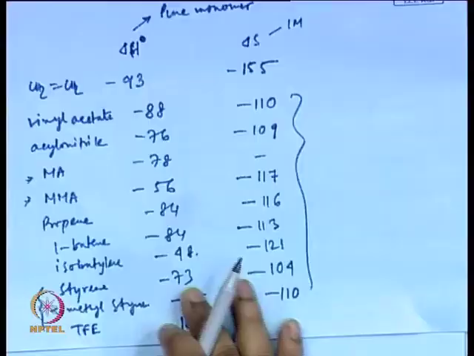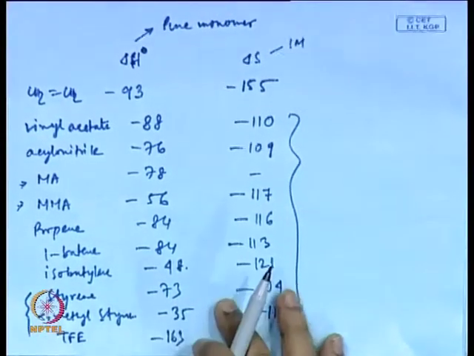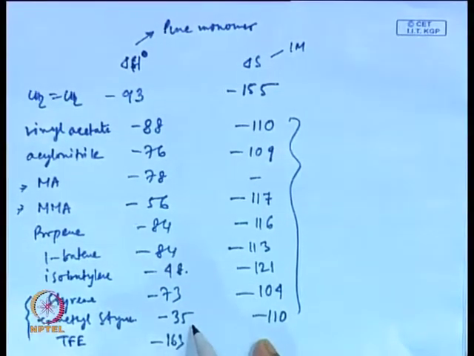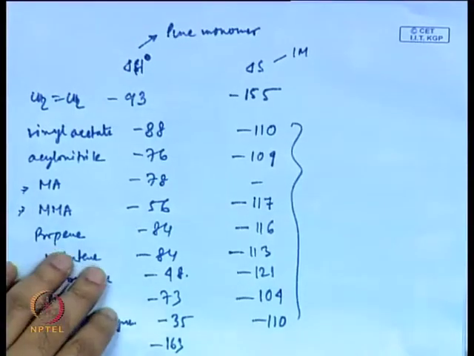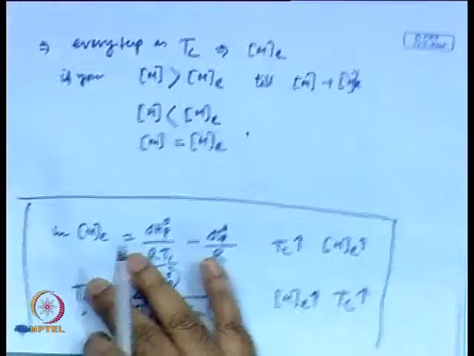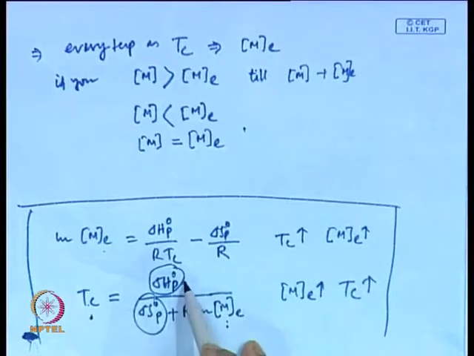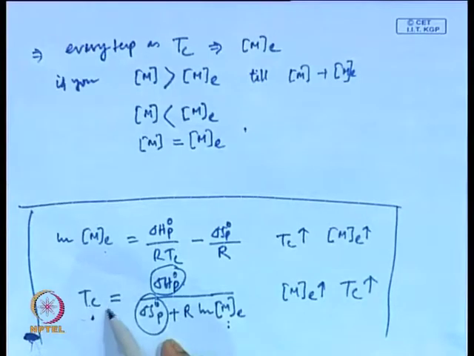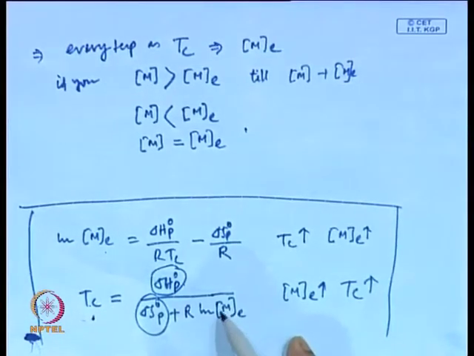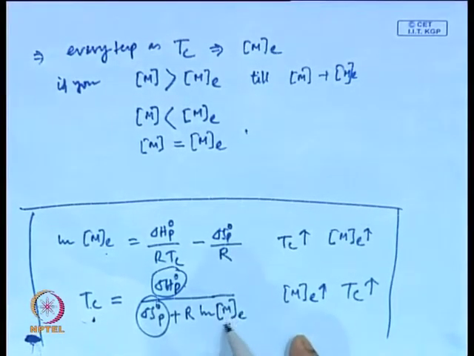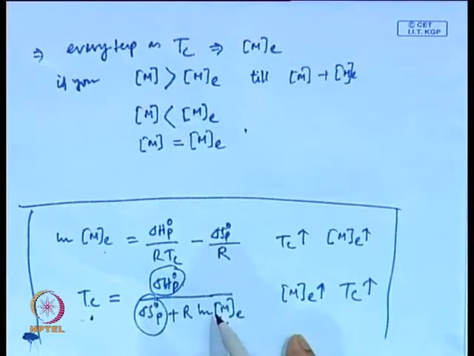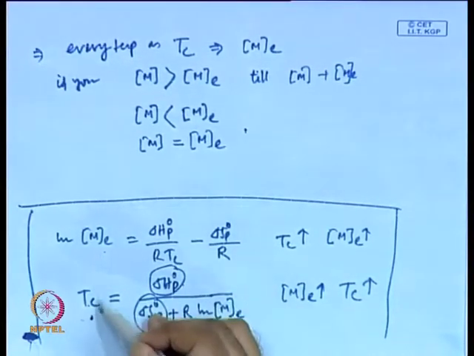So this alpha methyl styrene has a minimum del H value, and of course, if you go back and see this one, if this is low for a given Me, this will be lower because this is more or less the same. So if this goes down, Tc also goes down. If you consider this as a pure monomer, then as this goes down, Tc goes down.